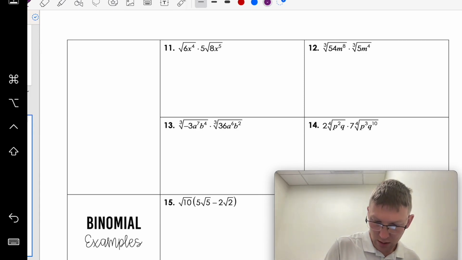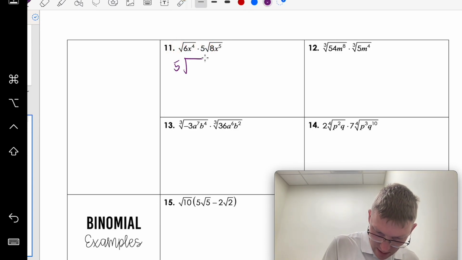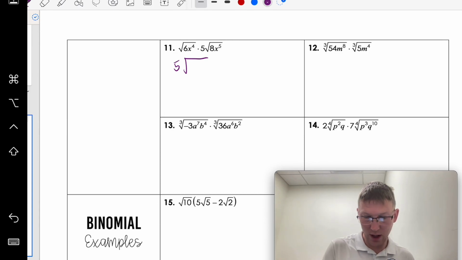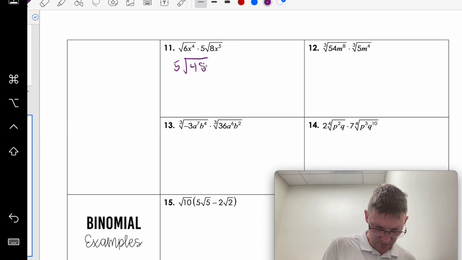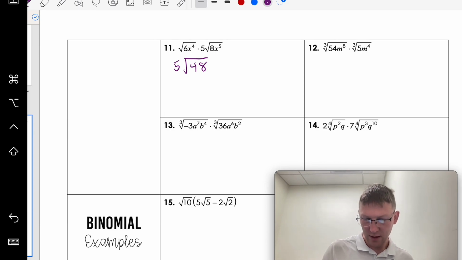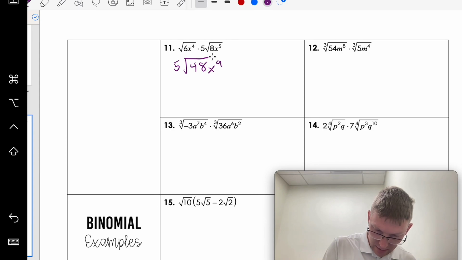So our coefficients, this is an implied 1 times 5. So we're going to have a 5 on the outside, square root 6 times 8. 6 times 8 is 48. I knew that. And then x to the 4th times x to the 5th. We're going to add those exponents. So that's going to be x to the 9th.